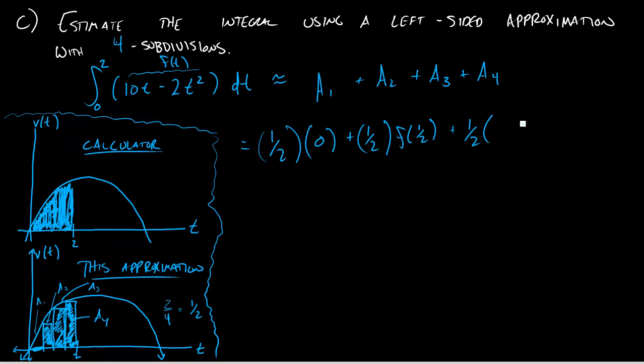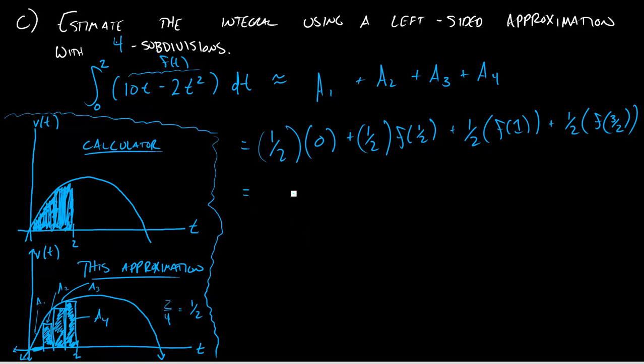The third rectangle has a base of 1/2. It has a height of how high the function is at this point. This point is 1, so it's times f of 1. And then the last one will be 1/2 times the height of the function at this point, which we can see is 1.5. So that will be f of 3/2.